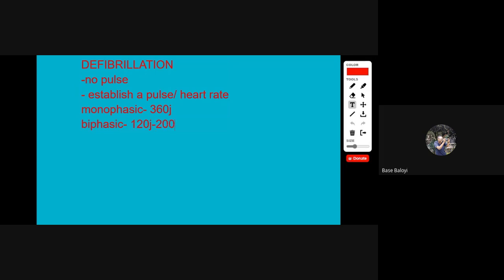Remember, when we talk about defibrillation, when we talk about your cardioversion, we are shocking the patient, isn't it? When it comes to your biphasic mode, most of the time they like giving you a scenario. There is a patient, and then on the screen you see that there is asystole, right? And then you must defibrillate.